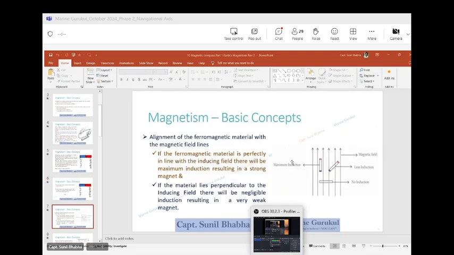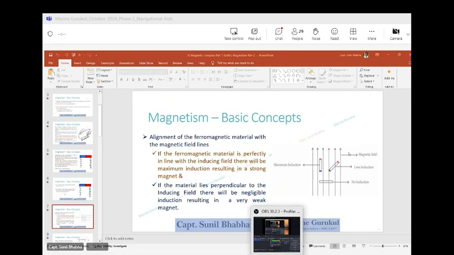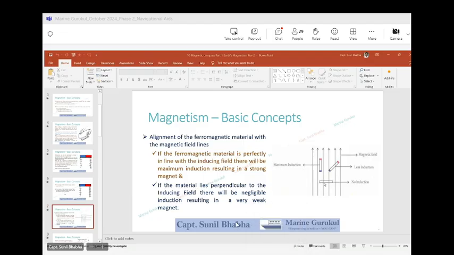Then we saw two different poles of the magnets, red and blue pole. We saw that during induced magnetism, if the material is aligned with the magnetic field lines of the Earth, it gets maximum induction. And if the ferromagnetic material is misaligned or at right angles to the inducing field, there is minimum induction or zero induction.